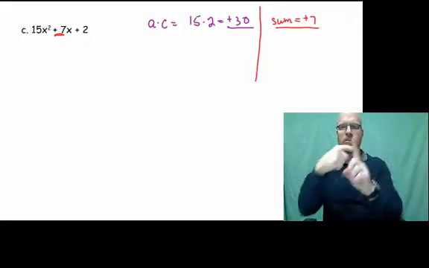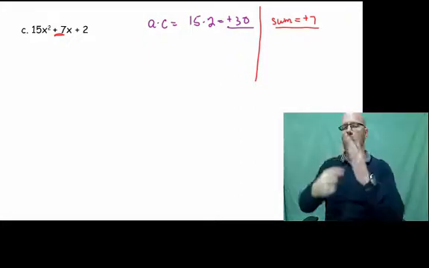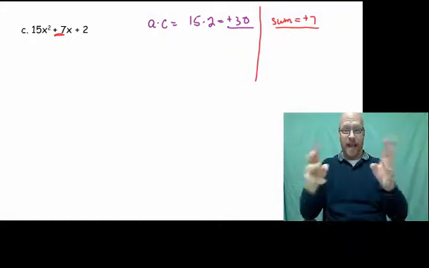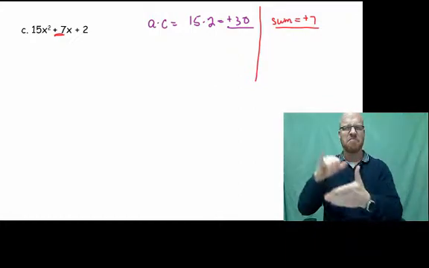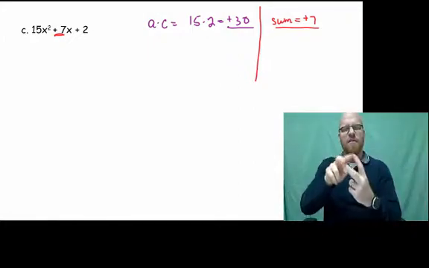We can have a positive times a positive or a negative and a negative. Now our middle term is positive, so therefore both terms need to be positive. Remember, we can't add two negative numbers and get a positive answer. So our factors of 30.